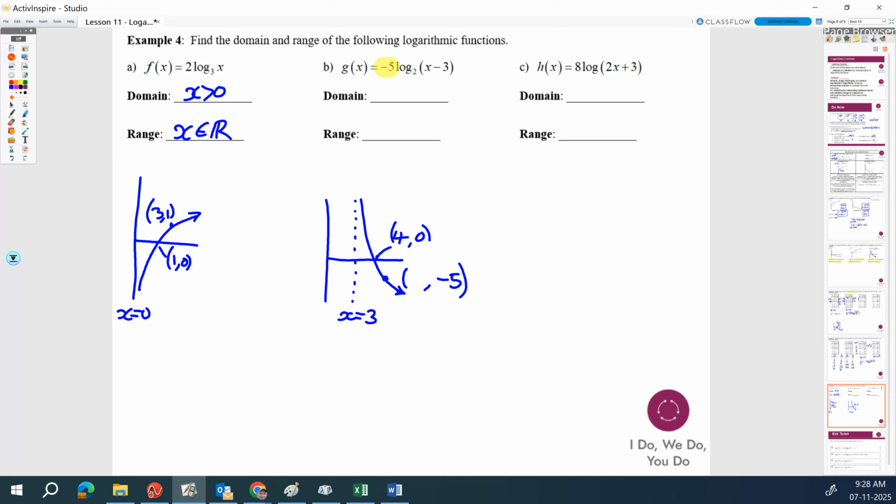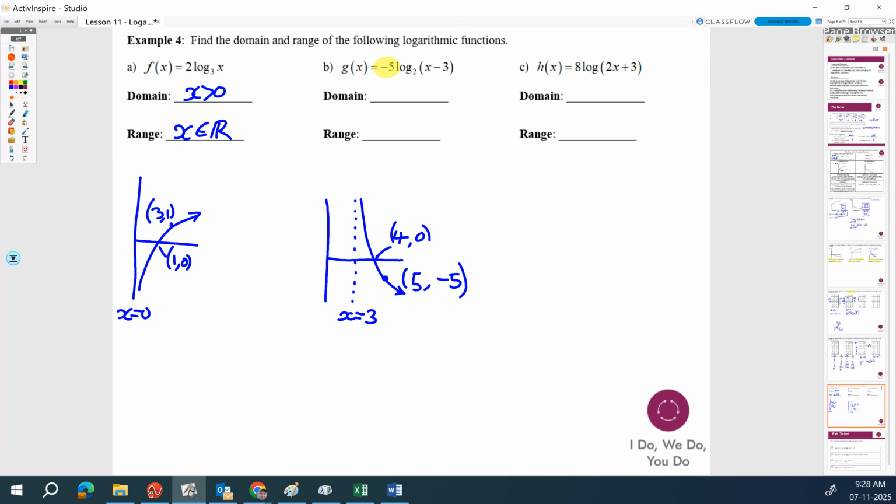Oh, no. Because if you put 5, it's 2. What is the x coordinate at this point? 5. This x coordinate is going to be 5.